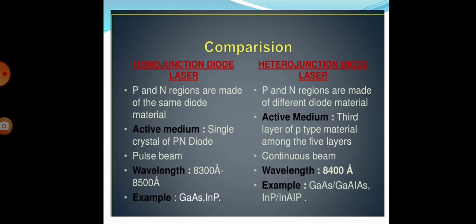In heterojunction, the active medium is the third layer of P-type material among the 5 layers. Homojunction gives a pulse beam, while here it is a continuous beam. Wavelength is 8300 to 8500 Angstrom for homojunction, and 8400 Angstrom for heterojunction. Example for homojunction, gallium arsenide, indium phosphide. Example for heterojunction, gallium arsenide, gallium aluminum arsenide, indium phosphide, indium aluminum phosphide.